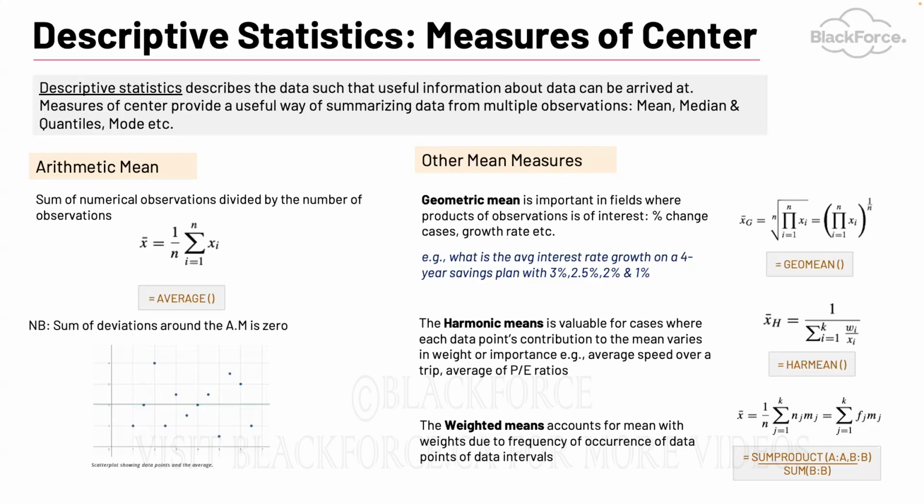The harmonic mean, which I'm sure we're familiar with, is just the inverse of the weighted inverse of each of the data points. So 1 over the sum of 1 over each observation. So it's just an inverse arithmetic mean, inverse completely to reverse it.